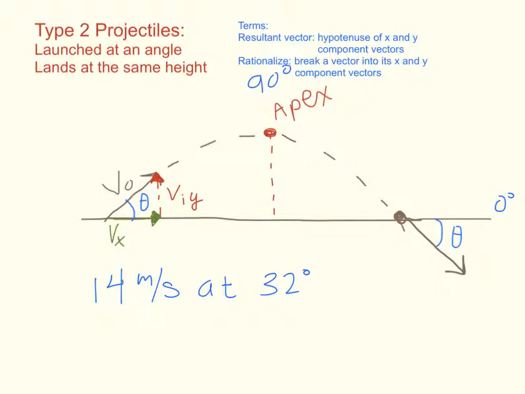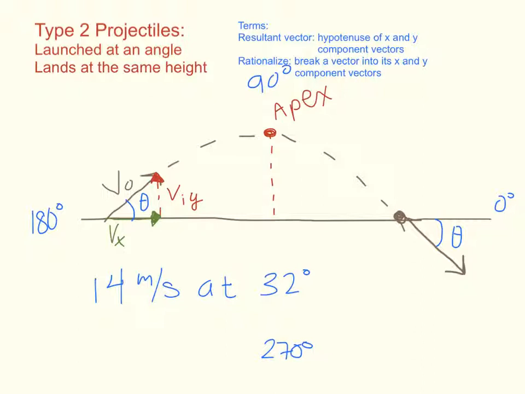Over here, this direction would be considered 180 degrees, 270 down at the bottom, 360 over where 0 is again. So that's the idea, that we're identifying things relative to that positive x-axis where 0 degrees or 360 degrees would be located.